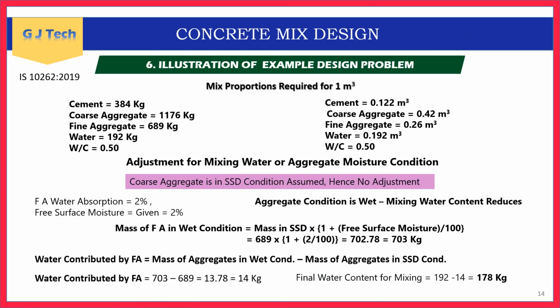So after obtaining the quantities of each ingredient in terms of kg and also in terms of volumes, we can prescribe them in the result section in terms of volumes of each ingredient and weights of each ingredient required. And there is one correction, as we know, that needs to be made for the moisture conditions of the aggregates.